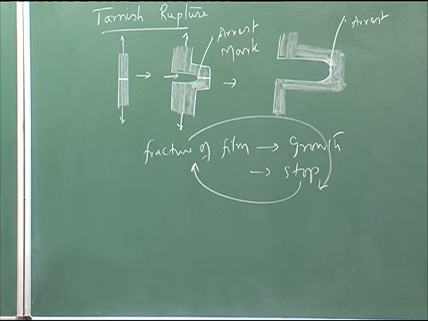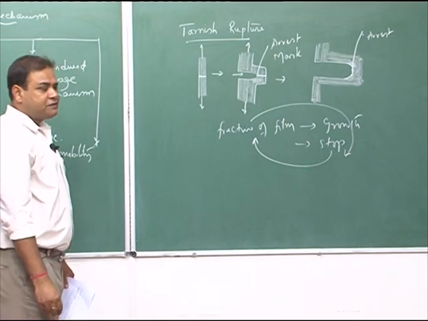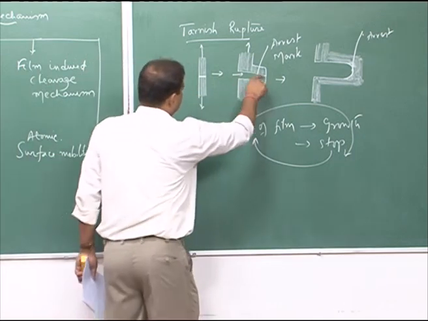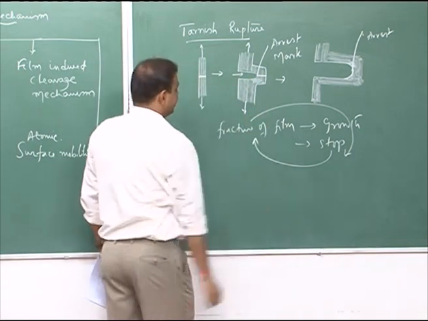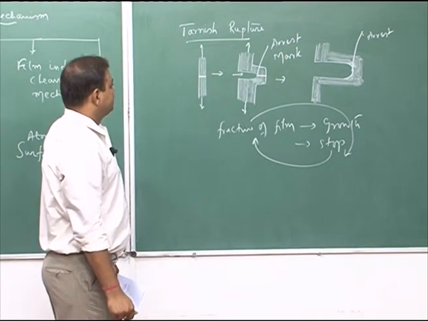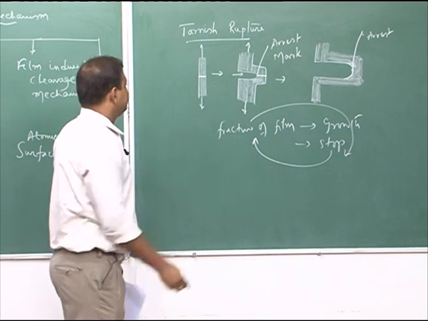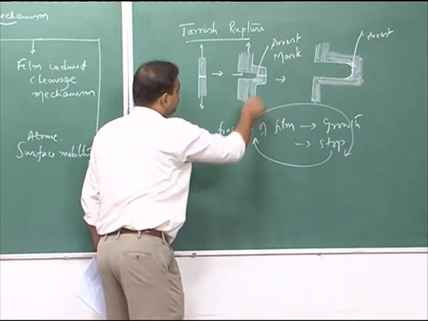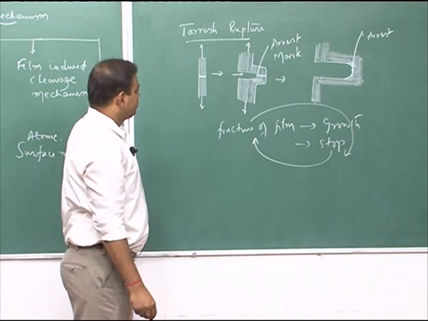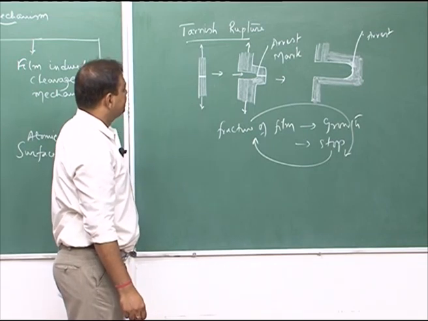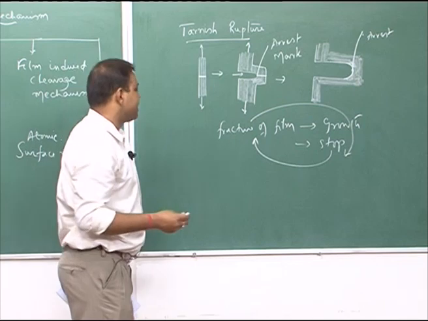Now, in this model you can see that transgranular would be the nature of the fracture surface, because this crack is not growing into the tough matrix, rather the crack is only forming in the film. So, the predominant nature of the fracture surface would be transgranular.